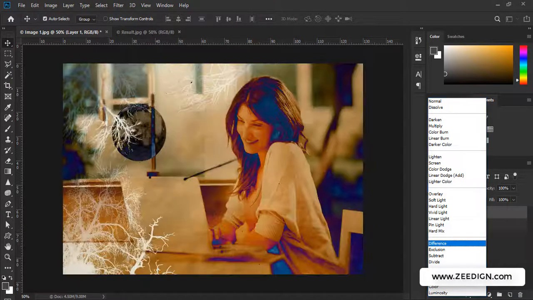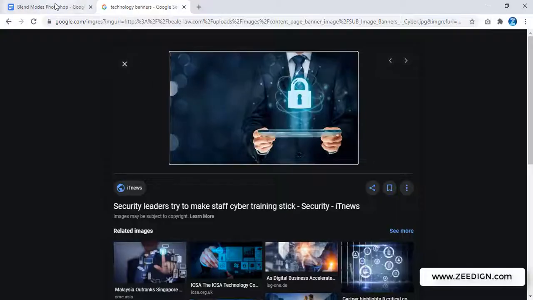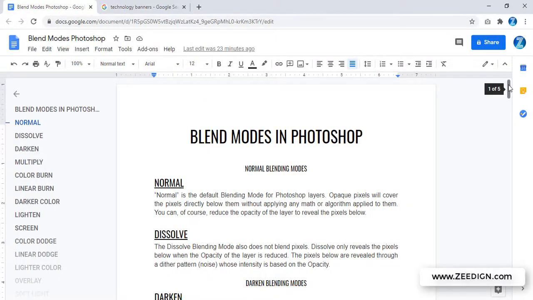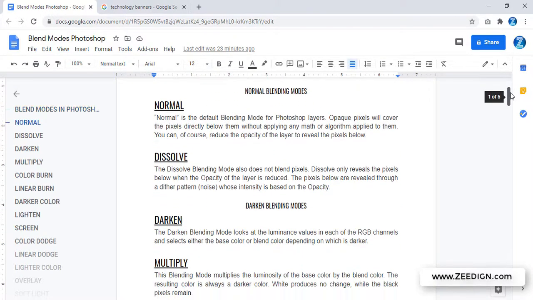And actually I have prepared a document as well for you, so that in case you are into more technical definitions and stuff, you could read that from here.